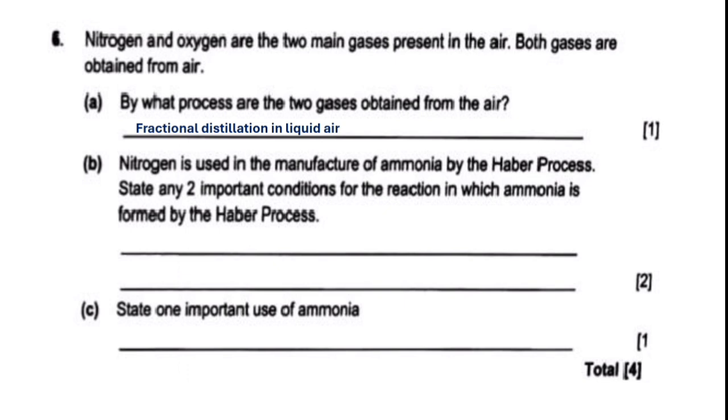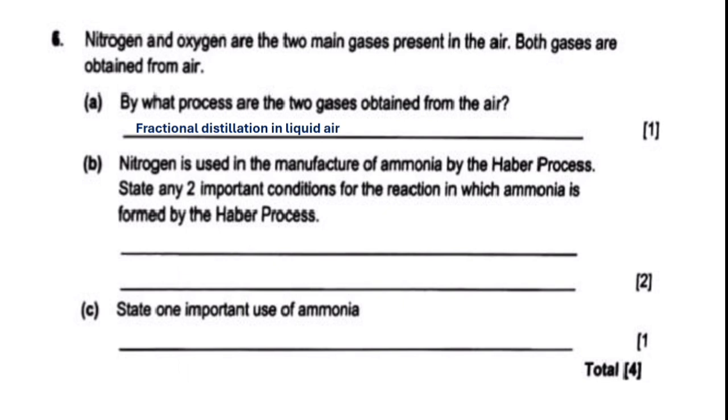Question B reads: nitrogen is used in the manufacturing of ammonia by the above process.